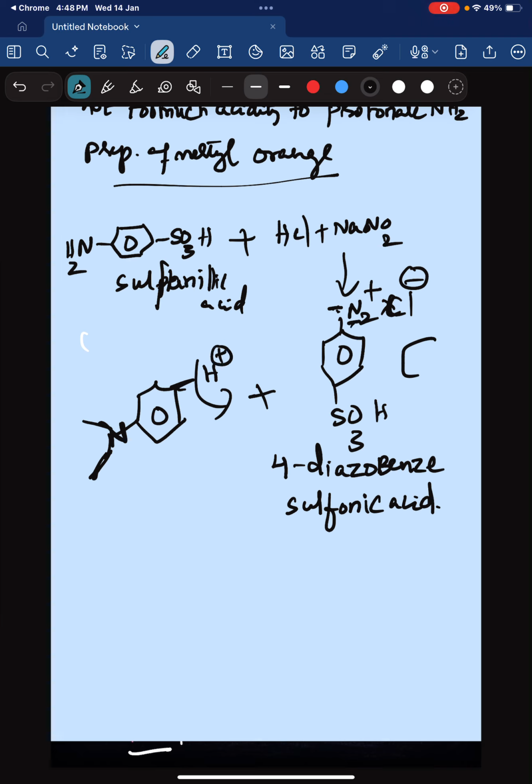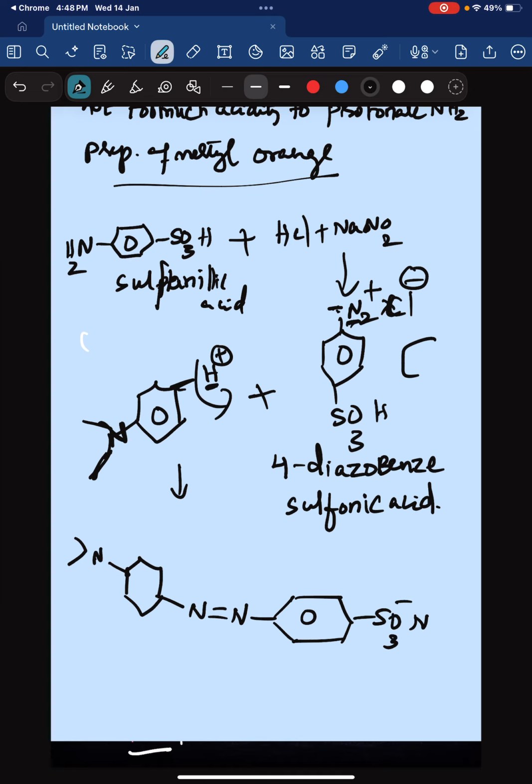That means this N2 plus group replaces H plus. So it is an example of an EAS reaction, meaning electrophilic aromatic substitution. The product will be like this: N,N-dimethyl will be as it is, and at the para position N double bond N, and this will be as it is, with SO3 minus Na plus. This is called methyl orange indicator.